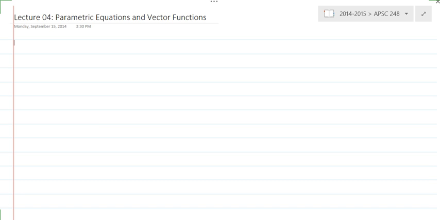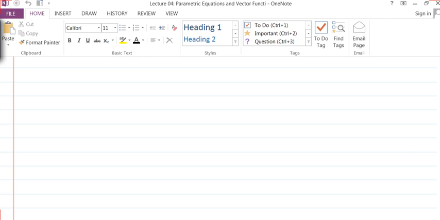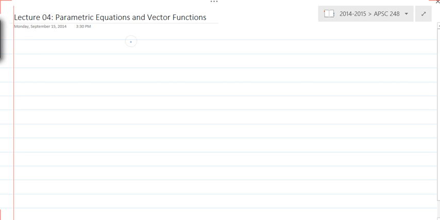I'll go over an example, and then we'll look at a little summary here, and then I'll move on to a new topic called parametric equations and vector functions. So let's look at an example.